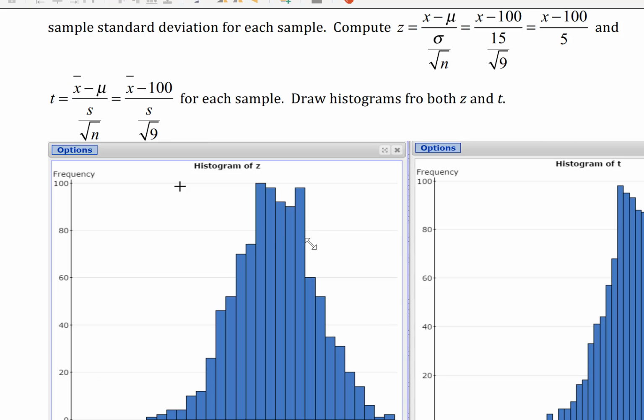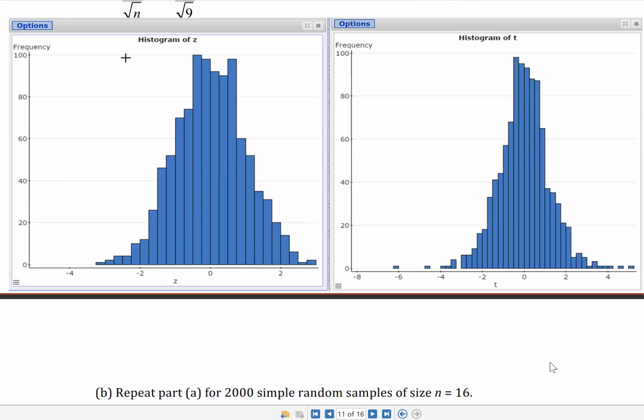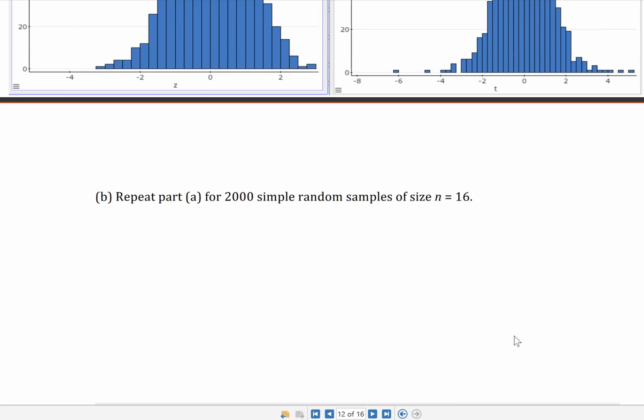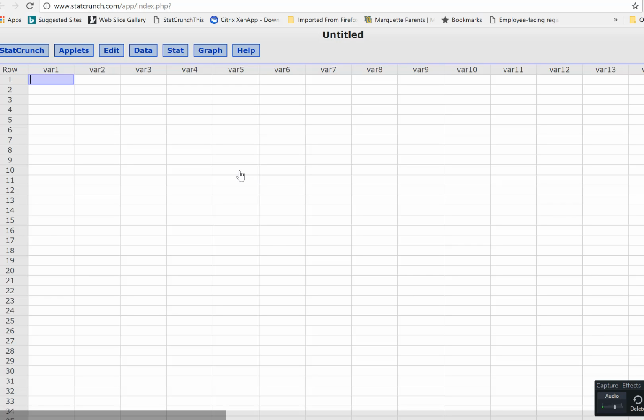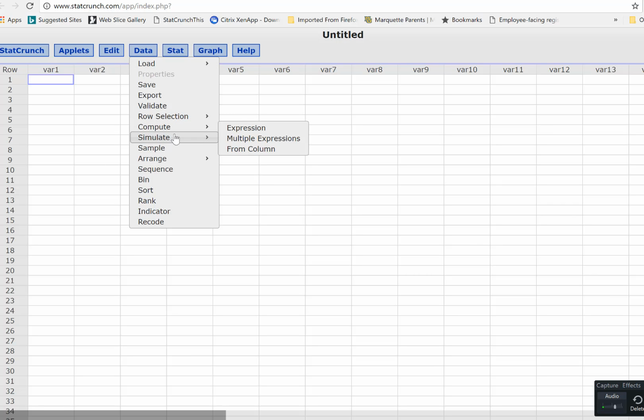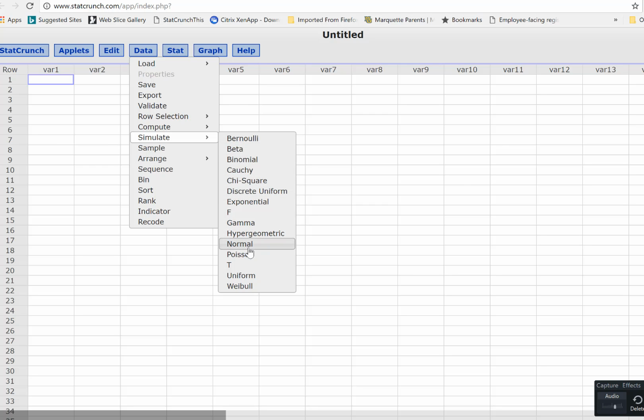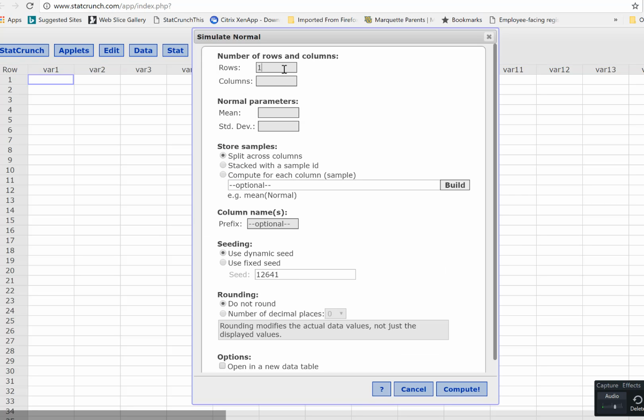Then the next thing we're going to do is repeat this process for a sample of size 16, and I'm going to go really quick over this one. So data, simulate, normal, 1,000 rows, but this time 16 columns corresponding to my sample size 16, a mean of 100, a standard deviation of 15. 1,000 rows, split across columns.